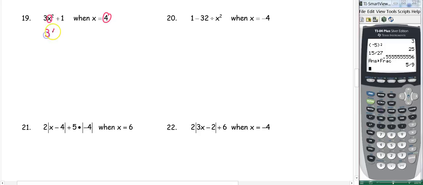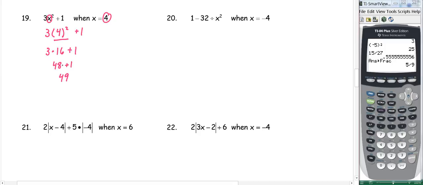So we have 3 parentheses 4 squared plus 1, and now we do order of operations. So first we're going to do our exponent. 4 squared is 16. So 3 times 16 plus 1. 3 times 16 is 48, plus 1, which simplifies to 49.